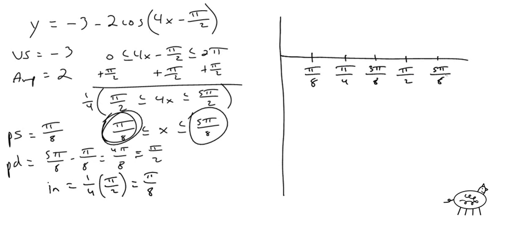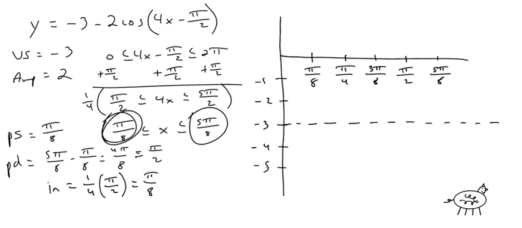All right, that's not bad. And our vertical shift is -3. Draw a nice dotted line there. Okay, and our amplitude is 2, so that means we're going to go up 2 that way to -1 and down 2 to -5. All right, so we got everything there.